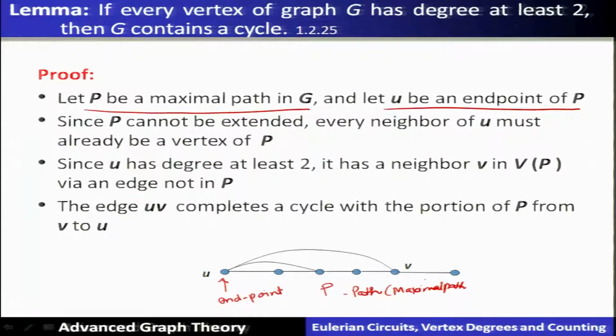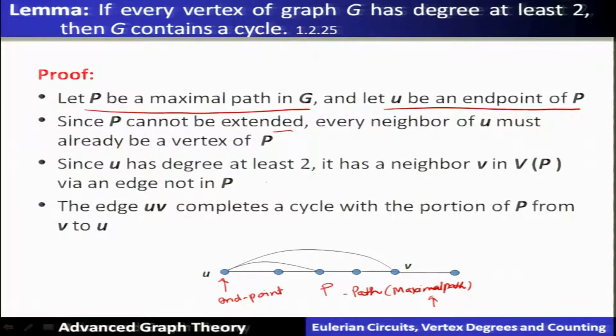A maximal path is obtained as we add vertices, the path keeps on growing, and finally a stage will come when you cannot extend the path further. So, that becomes a maximal path, and let us assume that this P is a maximal path in graph G. Now, since this maximal path cannot be extended, the neighbors of U must already be vertices of this path P.